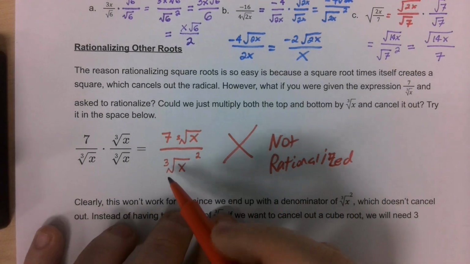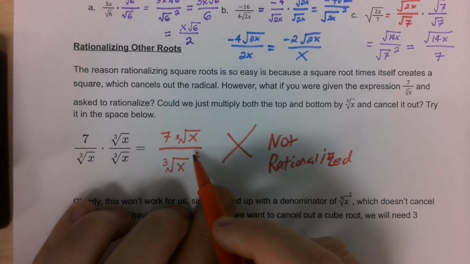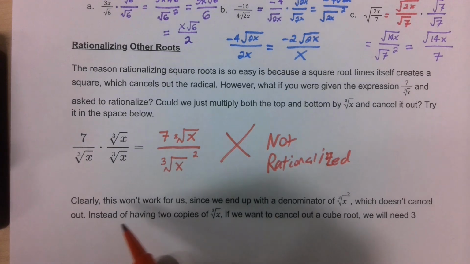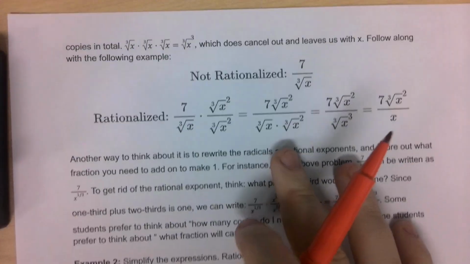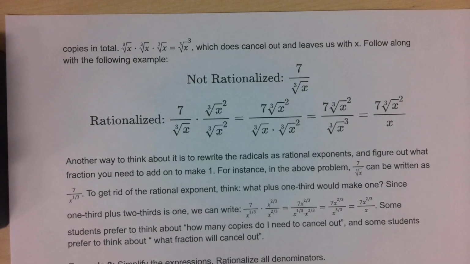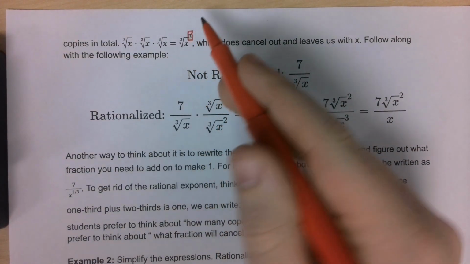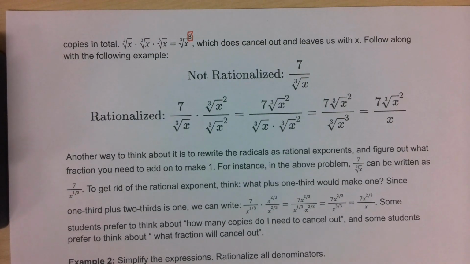Well, because in order to cancel out a cube root, don't you need a cube, or 3 copies of something? Instead of giving us 2 copies, we will need a total of 3 of them. So actually, what we'll end up doing is, we should multiply by 2 copies of the cube root of x. What that'll do is, that'll leave us with 3 in total, and the cube root and cube cancel out.